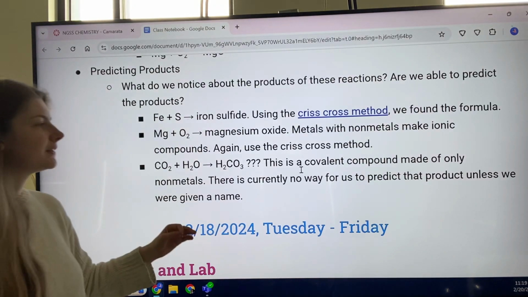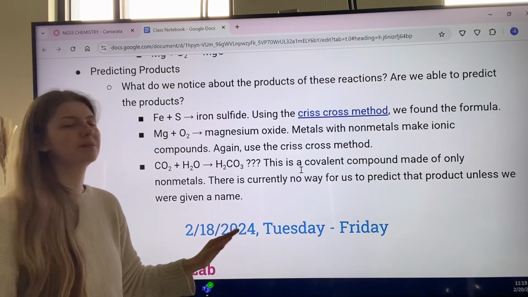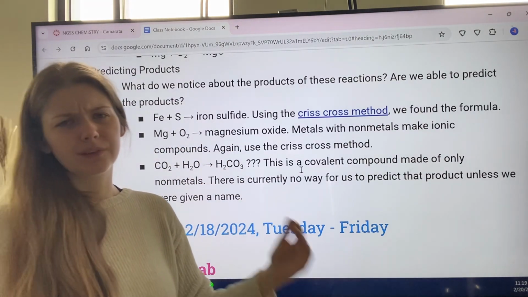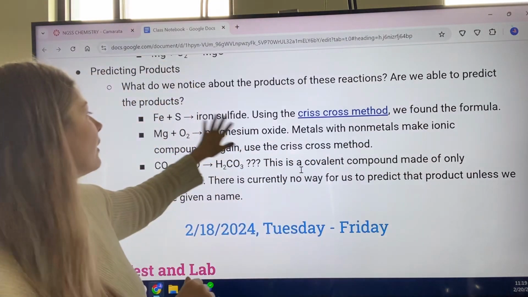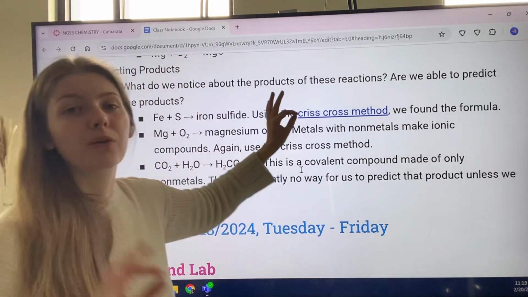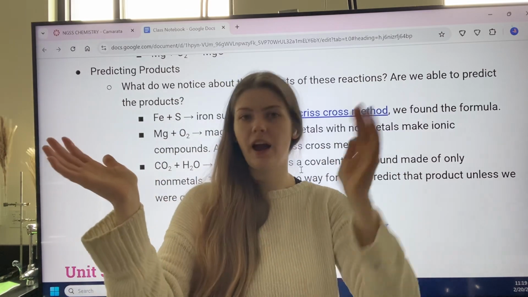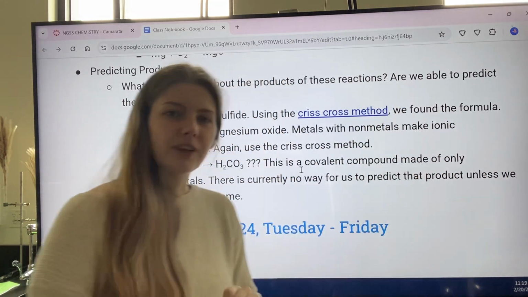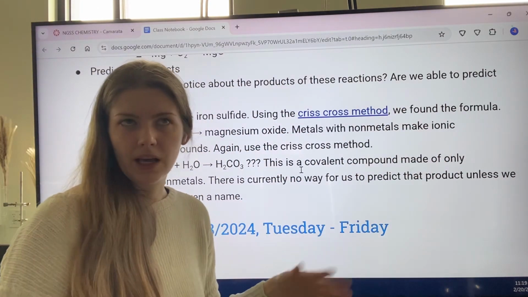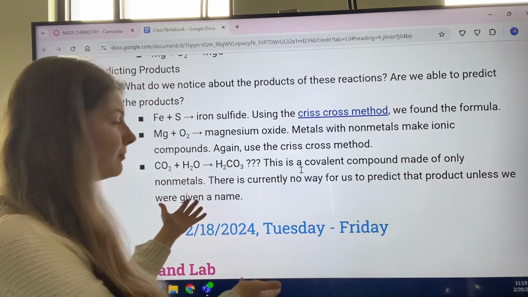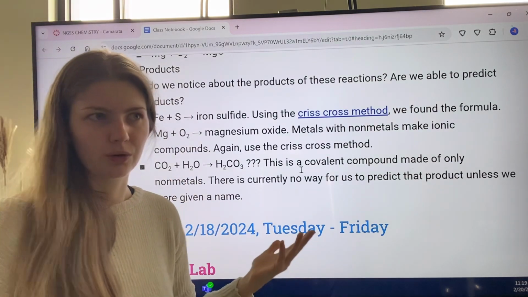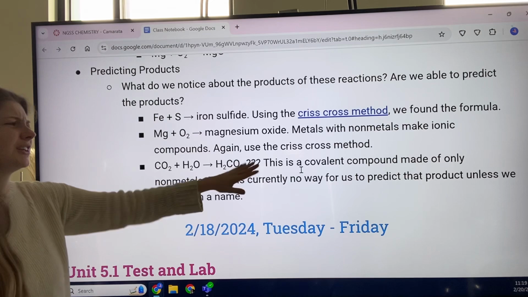We have to be so specific because covalent compounds can be any number of those elements bonded together. Remember, for ionic compounds, the charges have to cancel out. But with covalent, I could have 1,000,000 carbon and 1,000,000 hydrogen, and I could still make a functional molecule. So this gets really tricky.